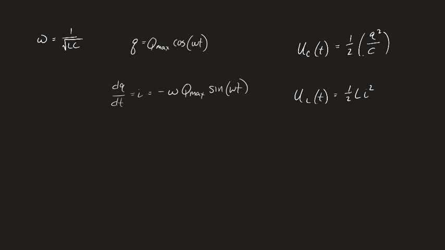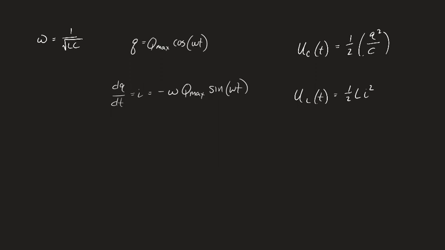Now, we already know that the energy in the LC circuit began inside the capacitor. But once we connected the capacitor to the inductor, that energy is oscillating back and forth. When we have maximum charge in the capacitor, all the energy is on the capacitor. But when we reach the point where we have maximum current through the inductor, all the energy is in the inductor.